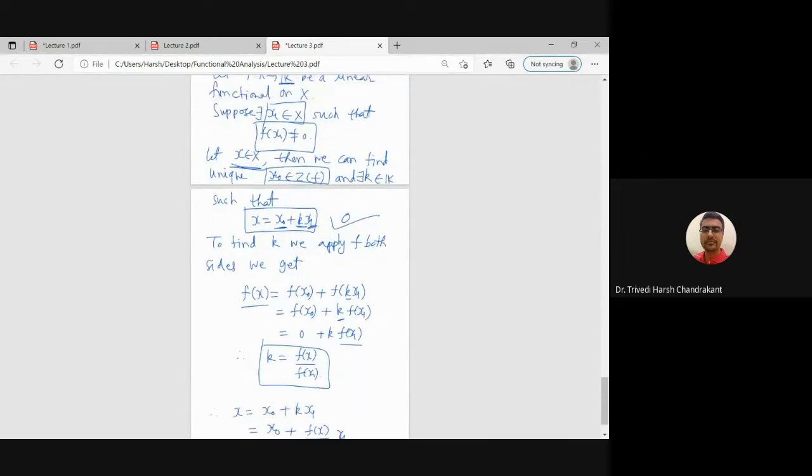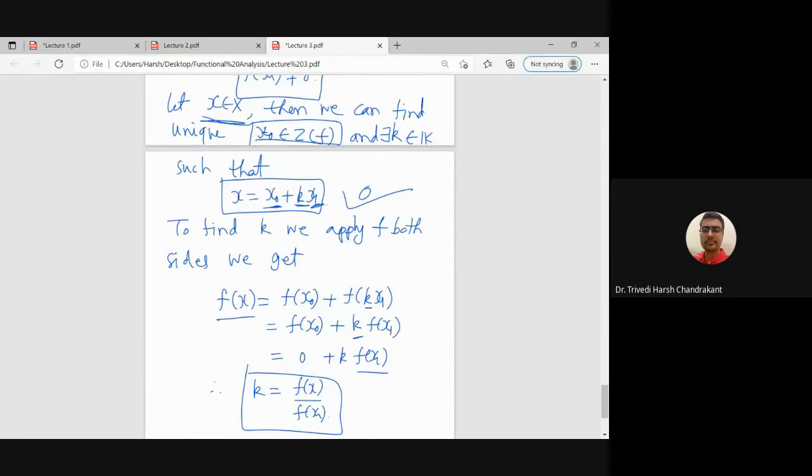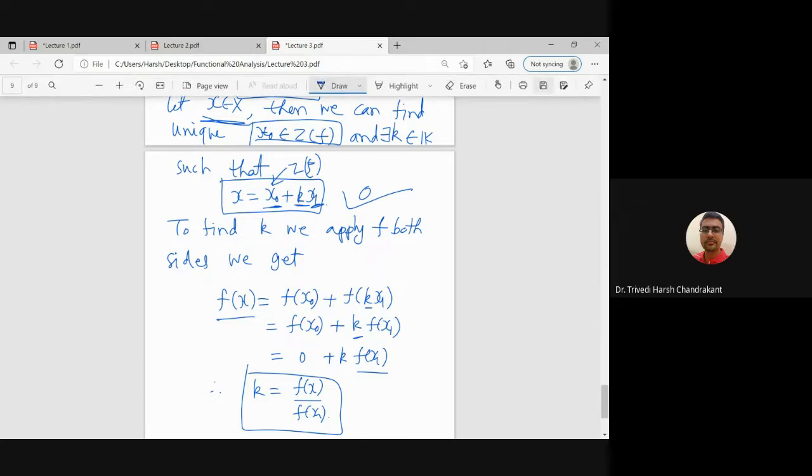So x can be written uniquely as x0 plus k x1, where x0 is in the kernel of F. That gives us a unique decomposition of every element of the domain. This decomposition is sometimes useful.